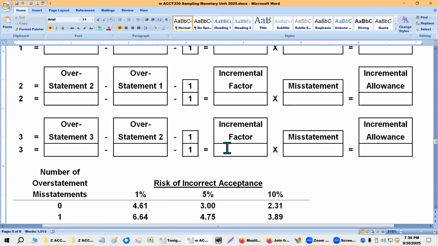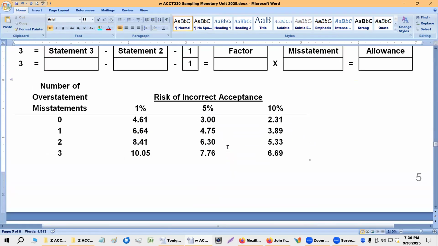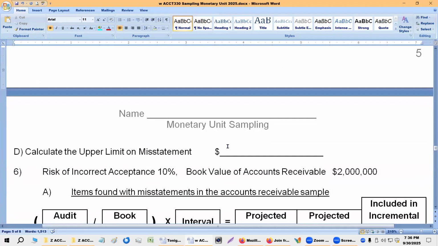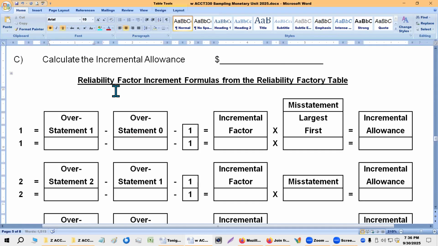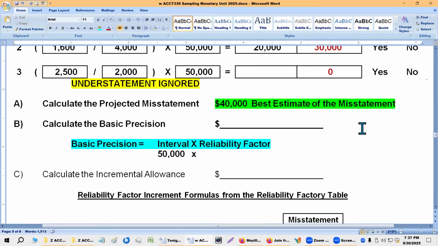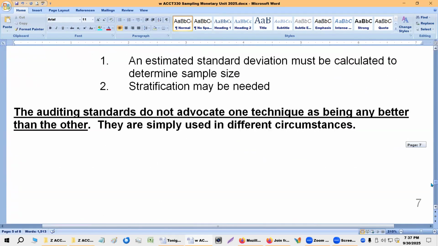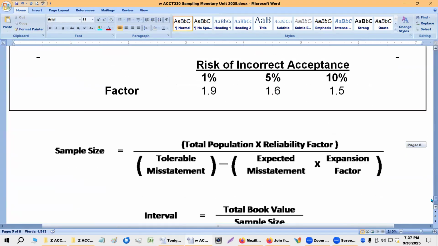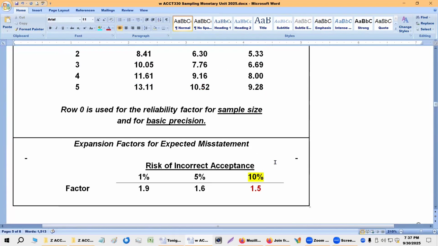Okay, we've got to come down here to our table. At the very end of this, I think I have all the stuff for the calculations. But it's the same reliability factor that we have here. So we're at 5%, so it's 1.6.